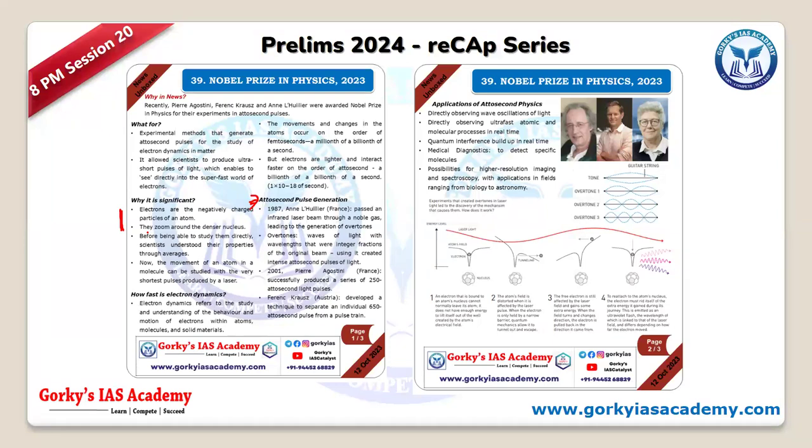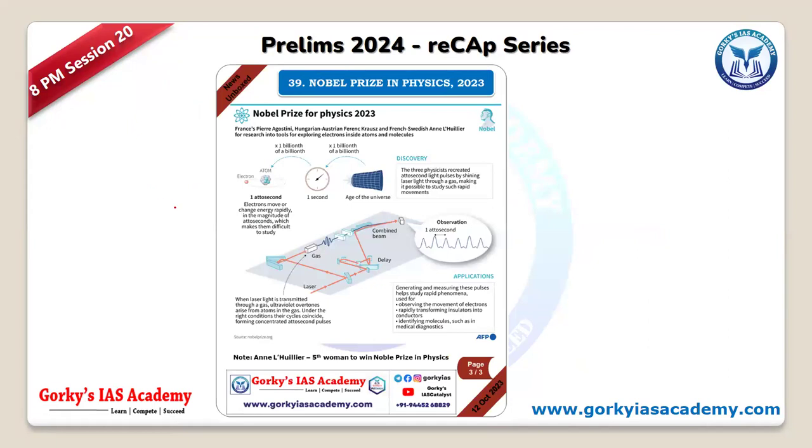Because of high speed movement, it is really difficult for humans to capture the behavior of this electron dynamics. So they tried to create an experiment in which they generated a laser which moved in tandem with this particular speed, a synchronized speed.